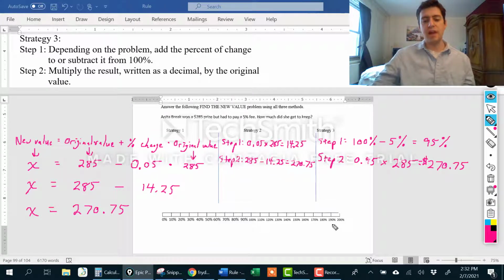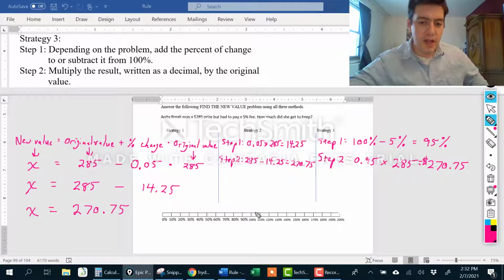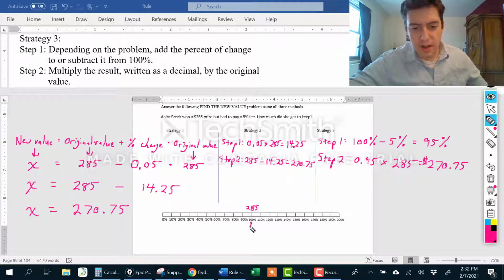Now I have this number line here because I want you to understand what's going on visually. So over here at 100%, I'm going to put the original value, which was 285. And then Anita had to pay a fee of 5%. So maybe on this side over here, where I have all the percentages, I can say that we're subtracting 5%.